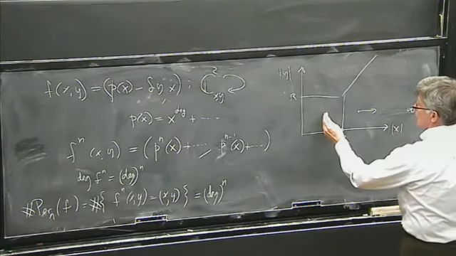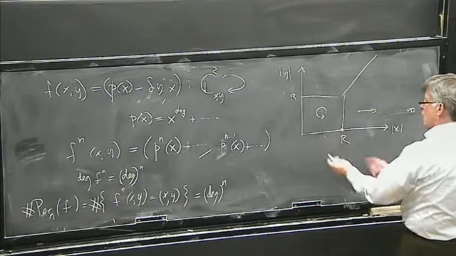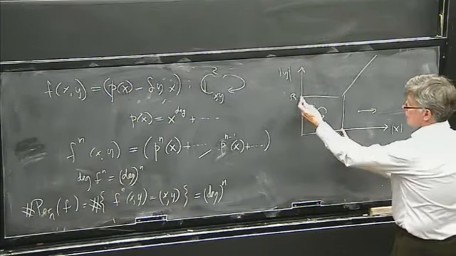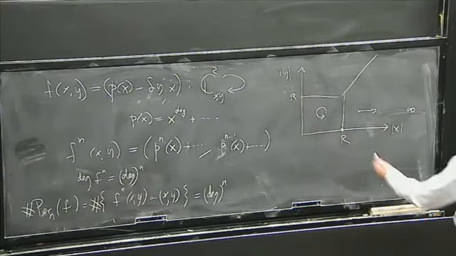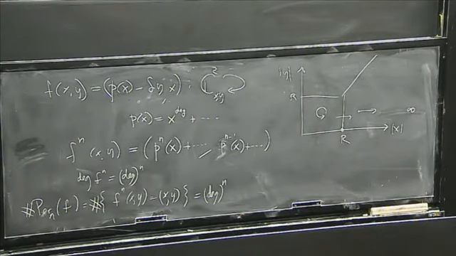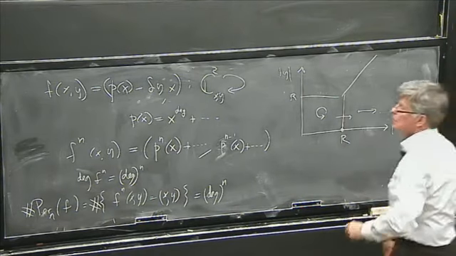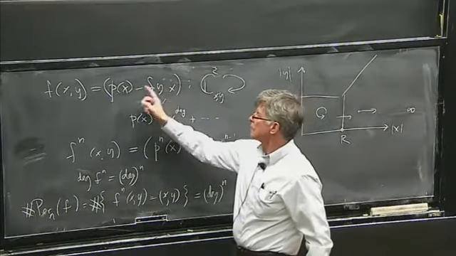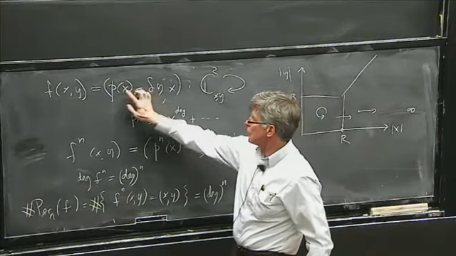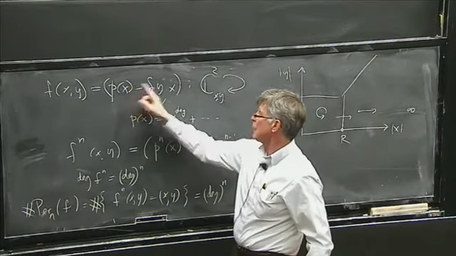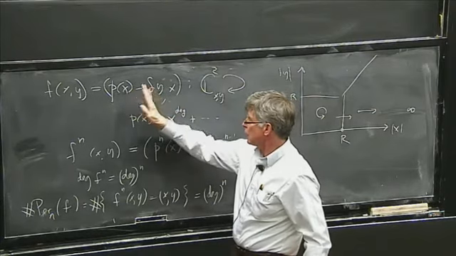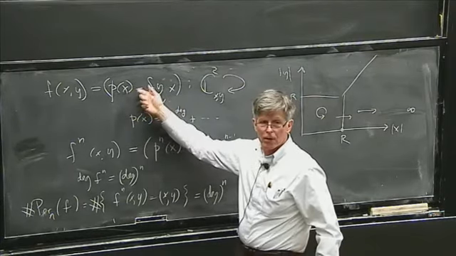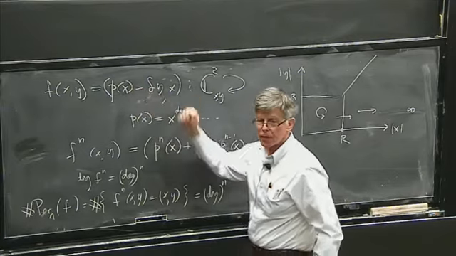If you are in this region, where both modulus of x and modulus of y are bounded, it's possible to stay in this region. It's also possible to leave. And over here, if you're in a region where y is bigger than x, then x becomes the second coordinate, and it could be staying less than the second coordinate.